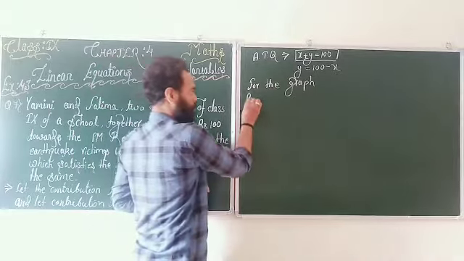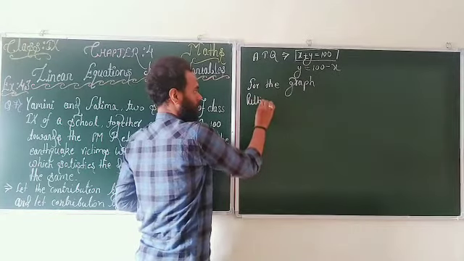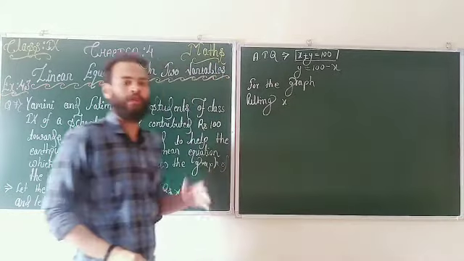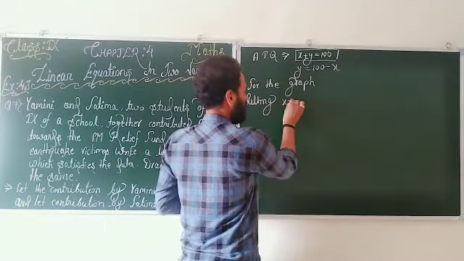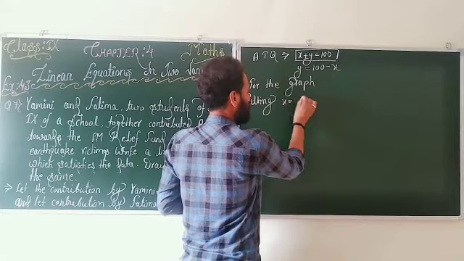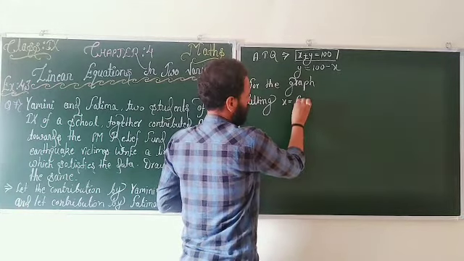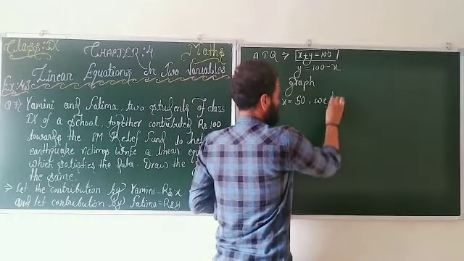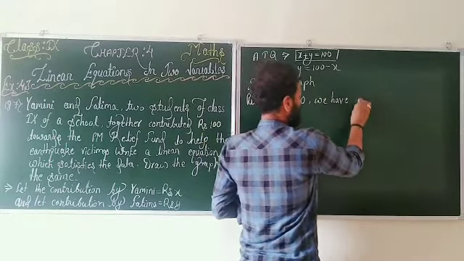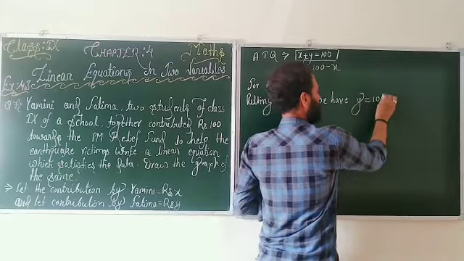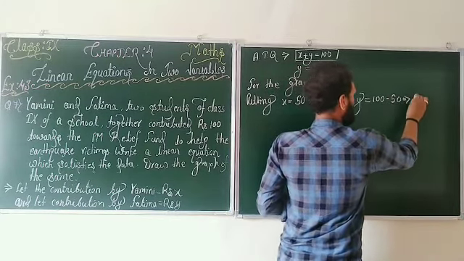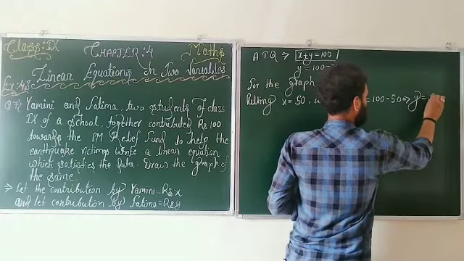Here if we take x equal to 50, so we get y is equal to 100 minus 50, that is y is equal to 50.